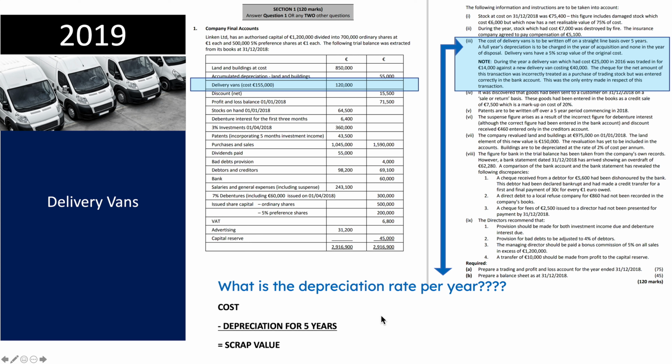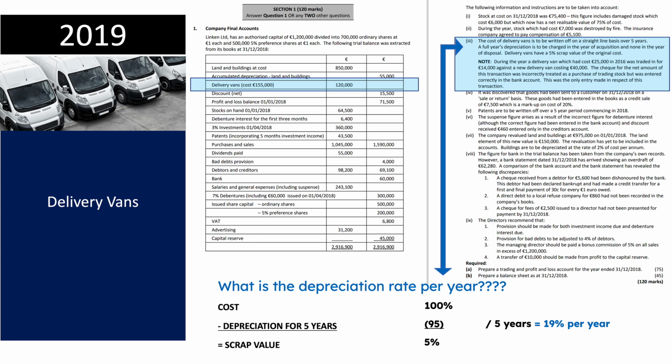So if the cost is 100% and the scrap value is 5%, after depreciation for 5 years has taken place, the depreciation must be 95%. If it has a 5-year lifespan, so depreciation for 5 years, we divide it by 5 and we get our rate of 19% per year. So only 3 out of nearly 400 people got that.